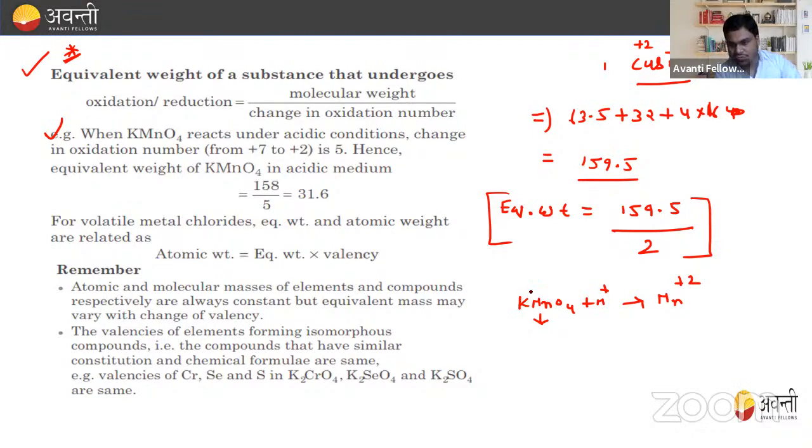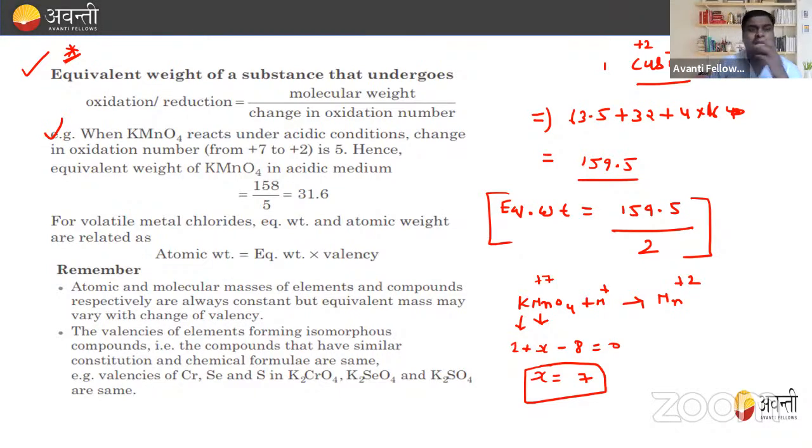We know that K belongs to the first group, so it has valency 1, and we have to calculate X. Oxygen has valency -2, so -2 into 4 comes out to be -8. So X comes out to be 8 minus 1, that is 7. So here Mn has +7 oxidation state, and here Mn has +2 oxidation state.